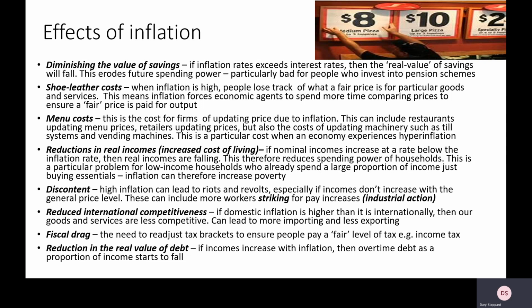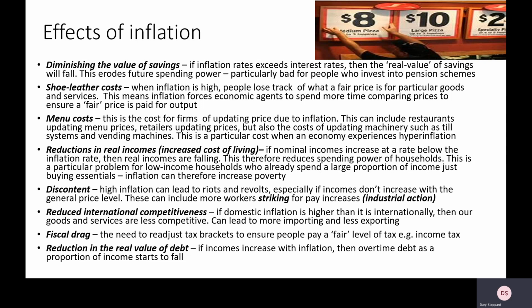Now, a further one is reductions in real incomes. So when you have high inflation, if wage rates don't grow in relation to the inflation, then the spending power of your disposable income will fall. High inflation can also create discontent.